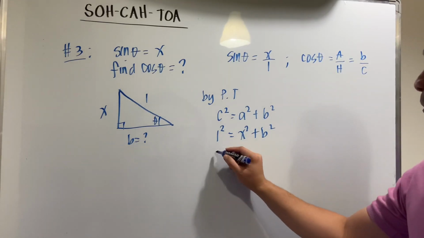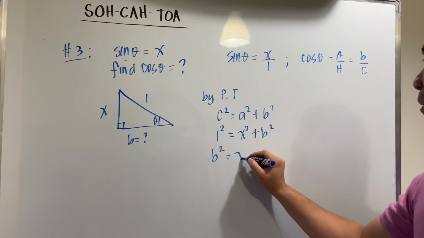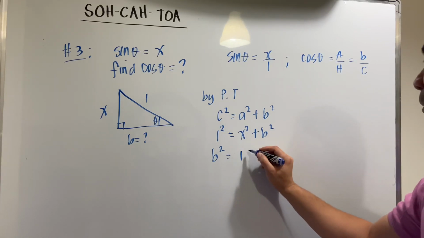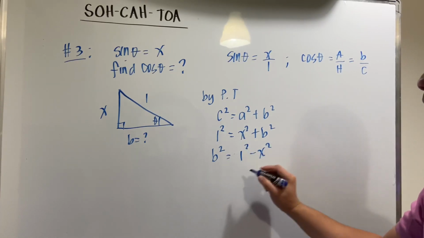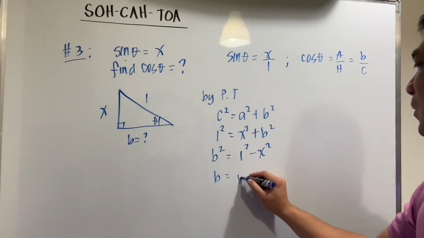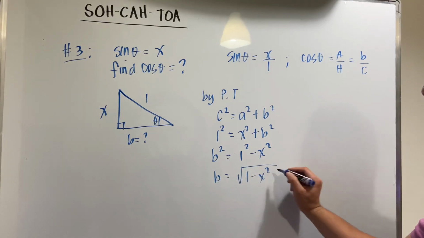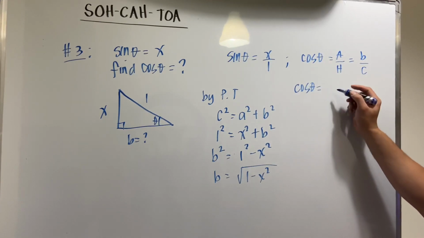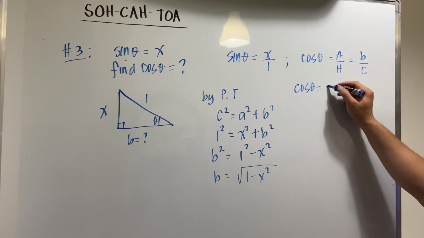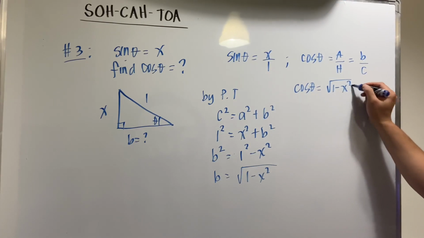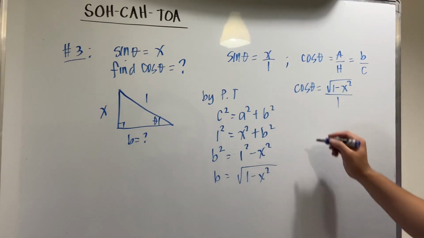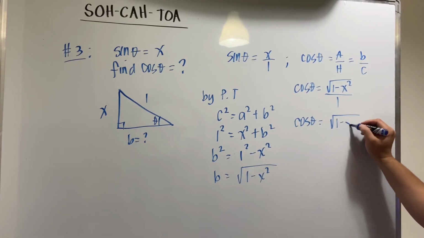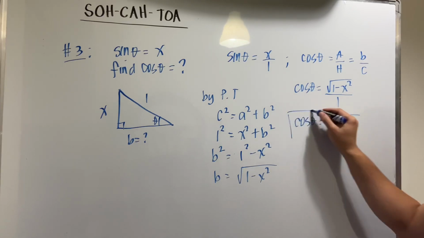So B squared then is equal to 1 squared minus x squared. So our B is equal to the square root of 1 minus x squared. Therefore, our cosine theta is equal to B, which is the square root of 1 minus x squared, over 1. Or simply, our cosine theta here is equal to the square root of 1 minus x squared.